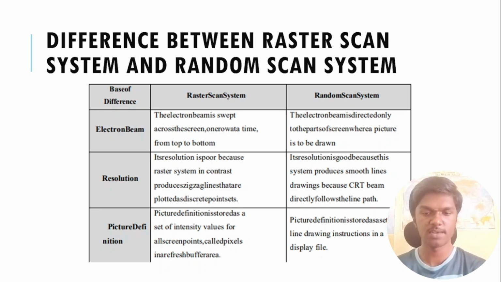In terms of picture definition, it is stored in the raster scan system as a set of intensity values for all screen points, called pixels, in a refresh buffer area, whereas in the random scan system, picture definition is stored as a set of line drawing instructions in a display file.